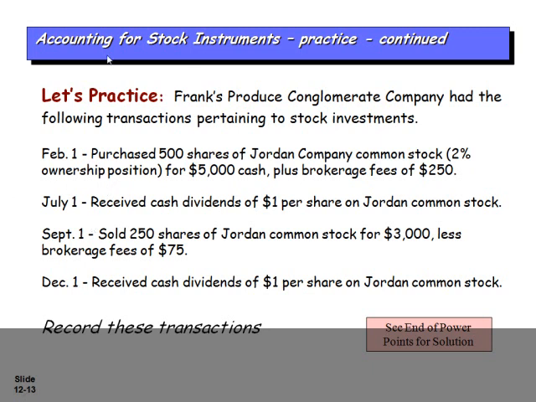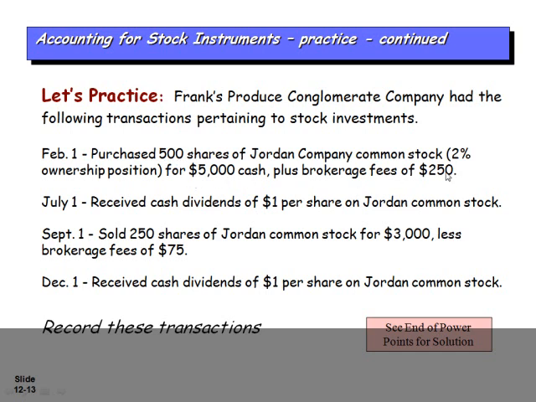July 1st, received cash dividends of $1 per share. So you're going to recognize that cash coming in. Sold 250 shares of Jordan stock for $3,000, less brokerage fees of $75. Now you're going to go back and look at February 1 and say, what percentage of the purchase was this? 250 on 500.